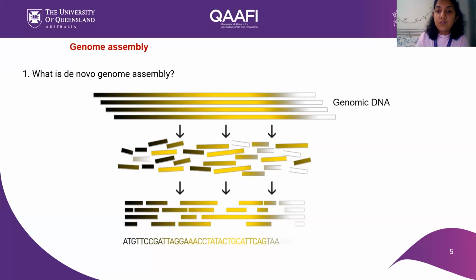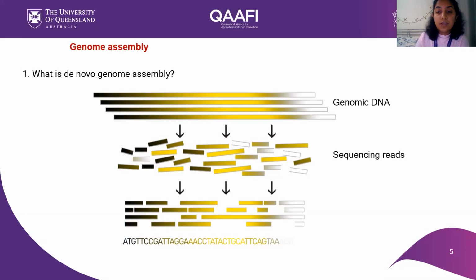In this process, first we start with the genomic DNA of the target organism, and then it is broken up into millions of pieces, then read on a sequencing machine, creating sequencing reads. The sequencing reads can be either short reads or long reads, so the lengths can vary.